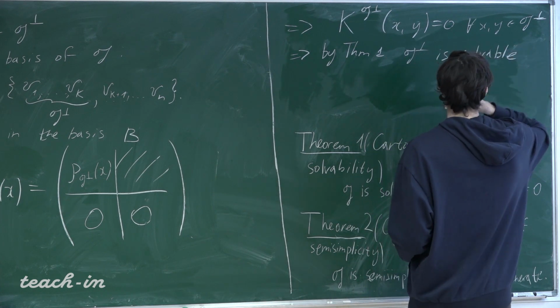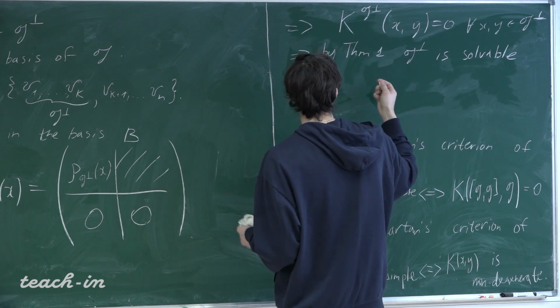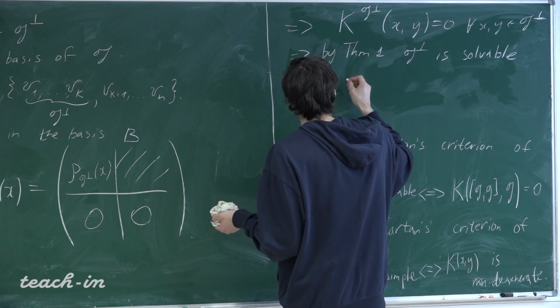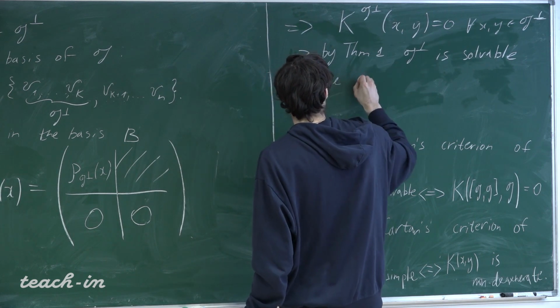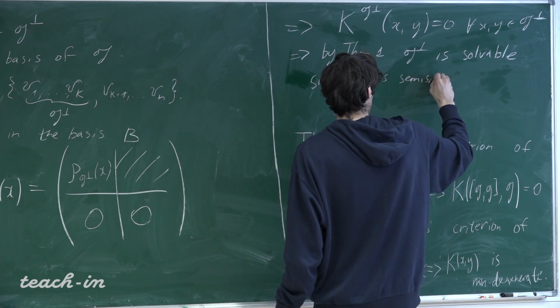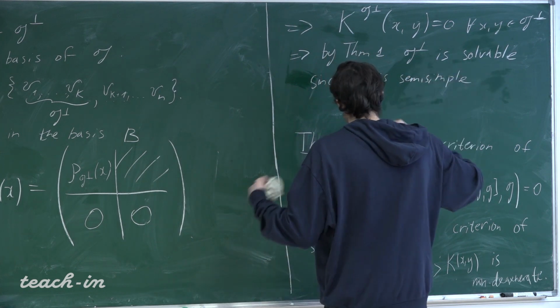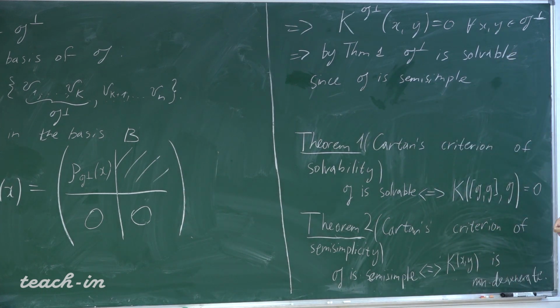And therefore, G orthogonal is solvable, and since G is semisimple, by the definition of semisimple, it does not have any non-zero solvable ideals.